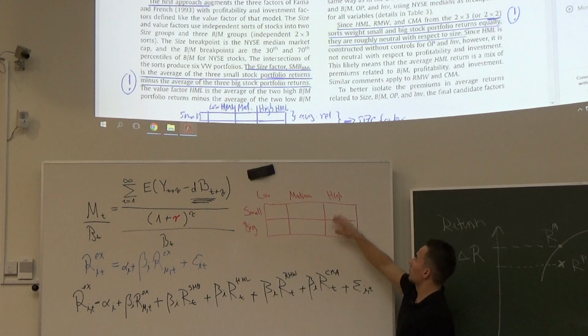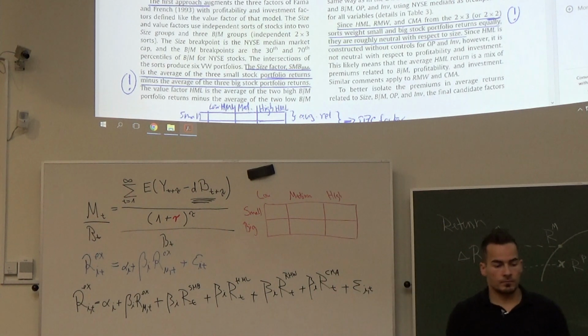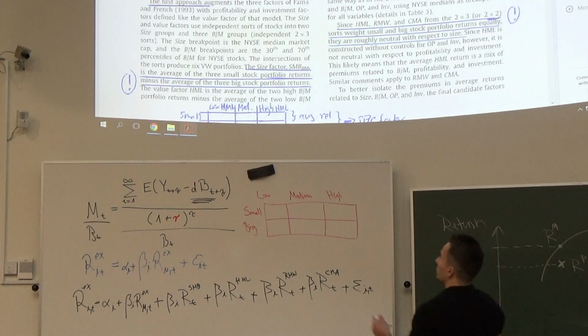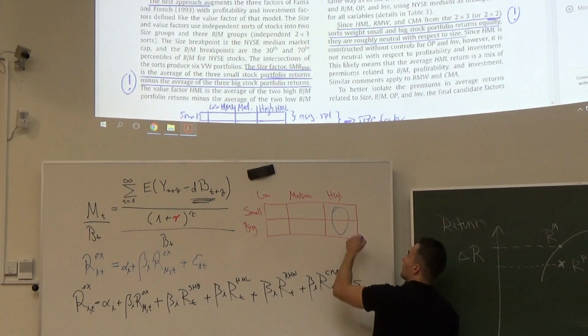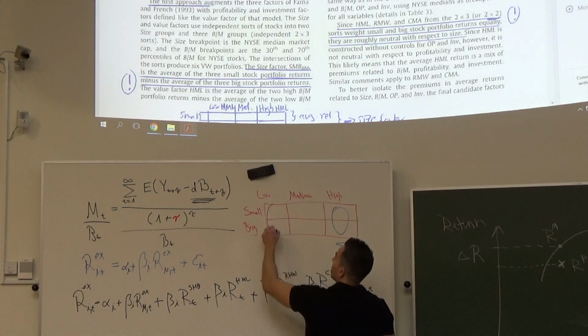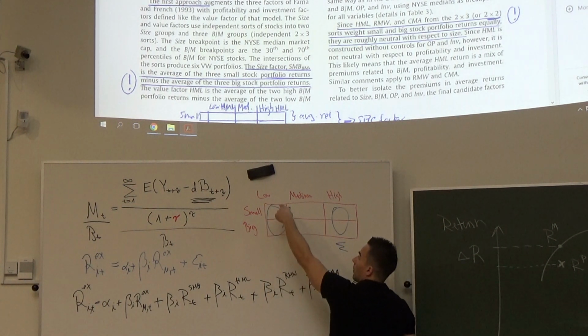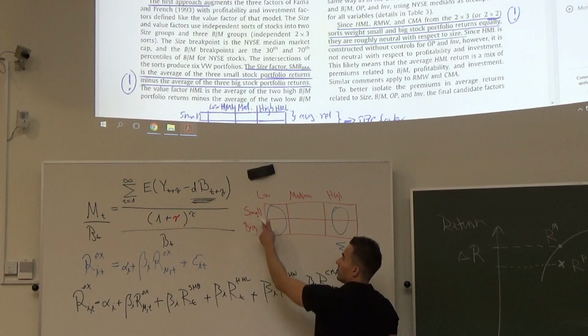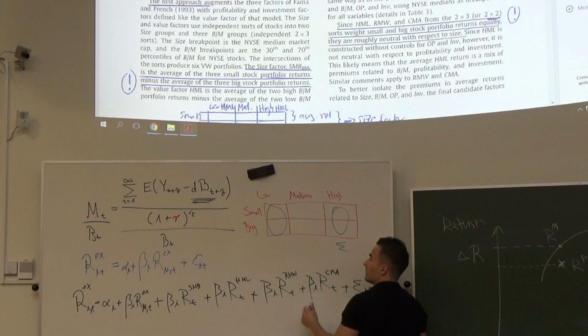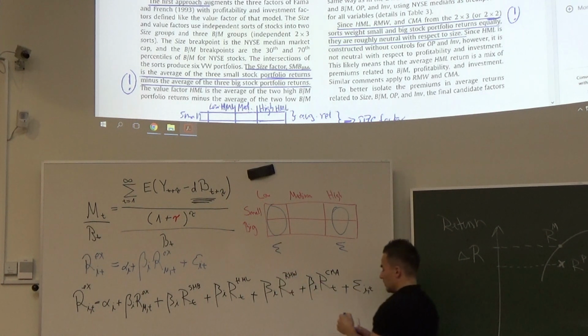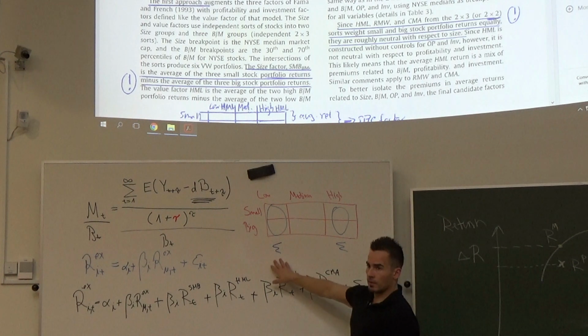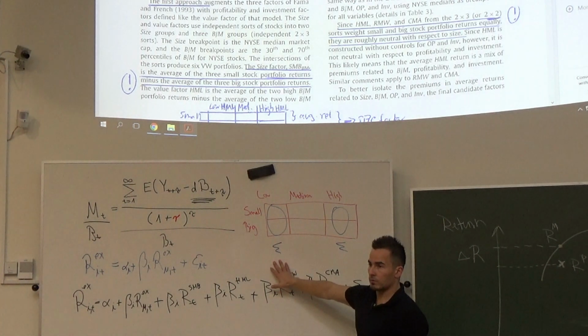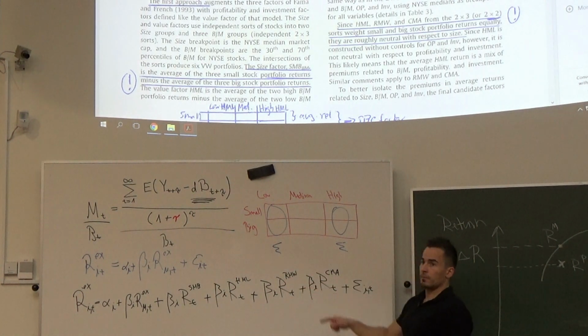So taking the average return of these high book-to-market ratio stocks, the average return, and subtract the average return of the low book-to-market ratio groups for these 2 size groups here. So taking the average from here minus the average from here, and that's our book-to-market ratio factor using 2x3 sorts.